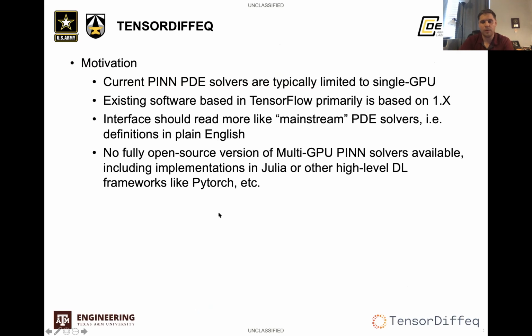All right, great. So the motivation for TensorDiffEq is that for the most part, current PINN PDE solvers, especially open source solvers that you don't have to request access to, or aren't sponsored by large organizations, are typically limited to single GPU implementations. And also existing TensorFlow software is primarily based in TensorFlow 1, while definitely a very capable framework.